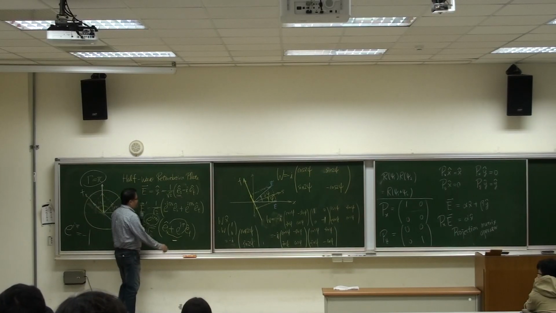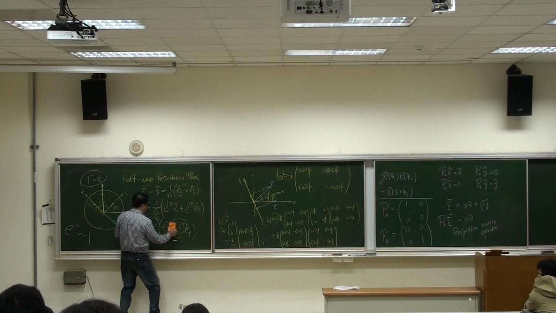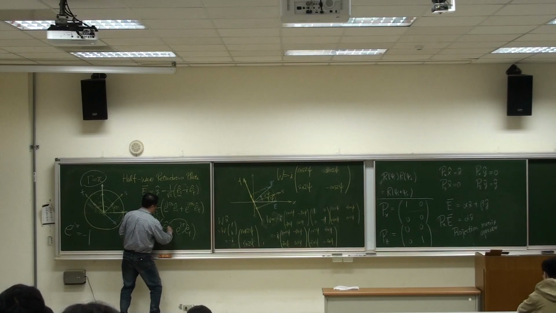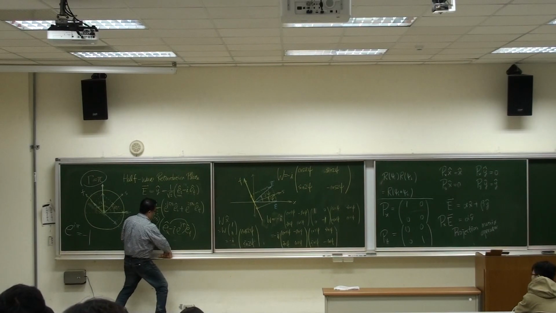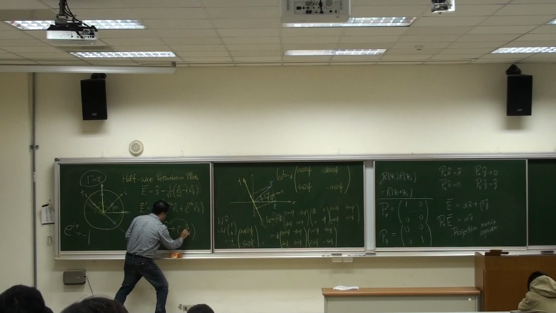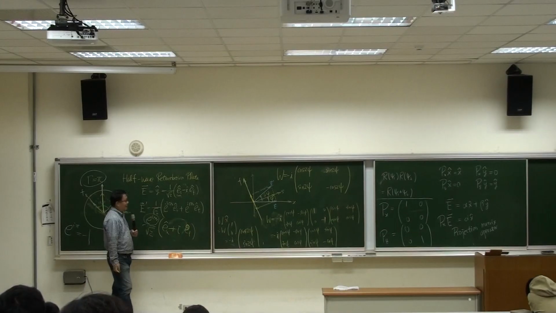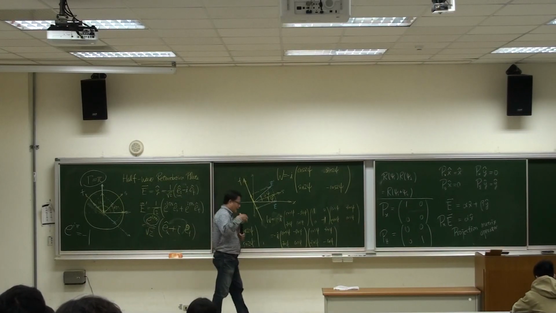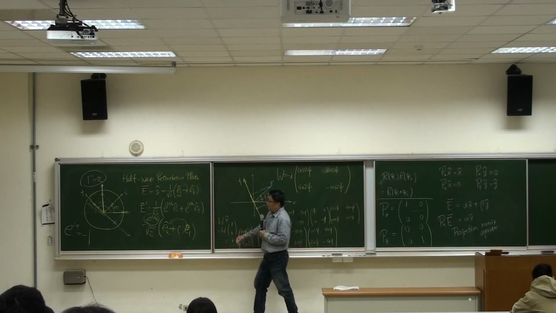Then you see that now this becomes this, and this gives us this. And this means that we change the right-hand circularly polarized light to left-hand circularly polarized light by using a half-wave plate.